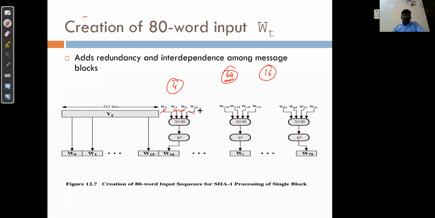All these four words, each 32 bits, are applied to the XOR operation, and we get a 32-bit value. Now this 32-bit value is applied to the circular left shift operation, and that becomes the word.